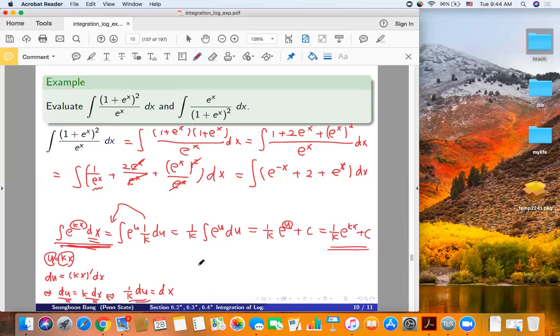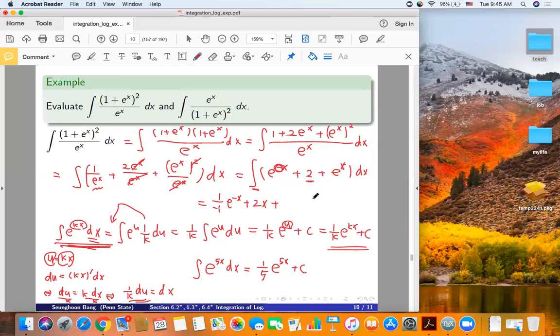One example is the integral of e to the 5x dx. How can you solve? 1 over 5 e to the 5x plus c. So that's it. This is the whole idea. The same here. This minus 1 is like k: 1 over negative 1 e to the minus x, plus the integral of 2 is 2x.